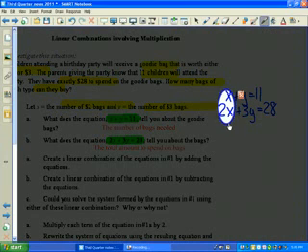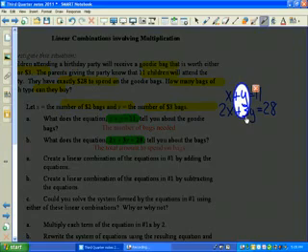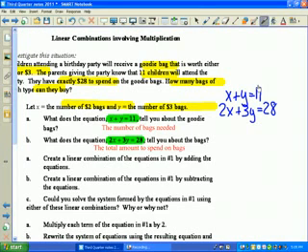Okay, so right now my x's are lined up, my y's are lined up. Do we have the same number? We don't have the same number. So that means I'm going to have to do some multiplication. So it's up to me, depending on what I want to multiply. What do I want to get rid of? Do I want to get rid of my x's or do I want to get rid of my y's?